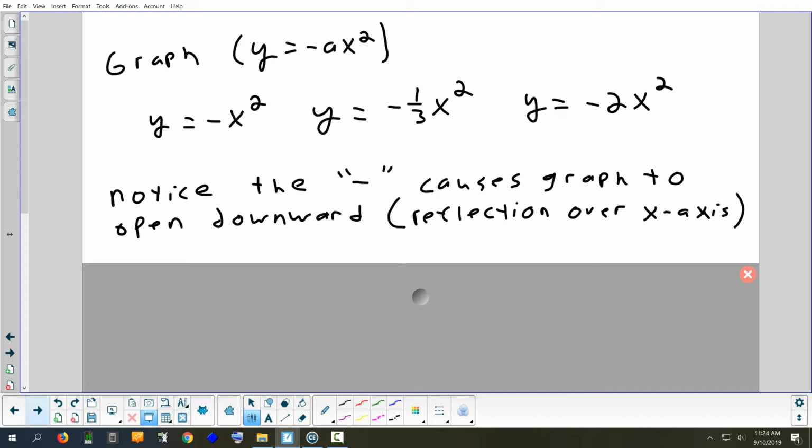If you put a negative in front of the entire function, it's a mirror image over the x-axis. So if you had a function that looked like this, which is a square root function, and you wanted to mirror image it, all you'd have to do is put a negative in front, and it would flip it.